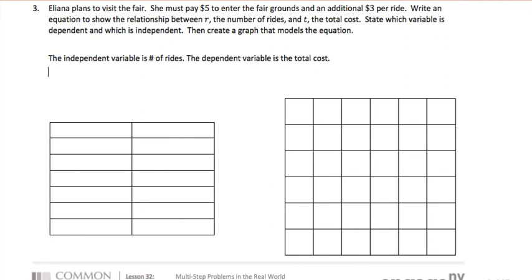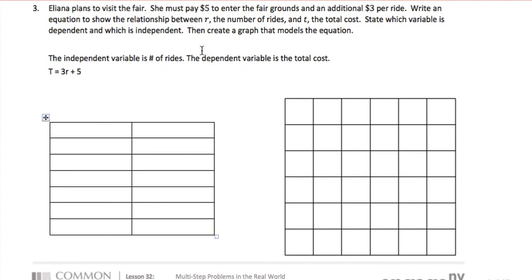Our expression then would be T, the total cost, is equal to 3 times R, 3 times the number of rides, plus 5, the cost to get in to the fair.